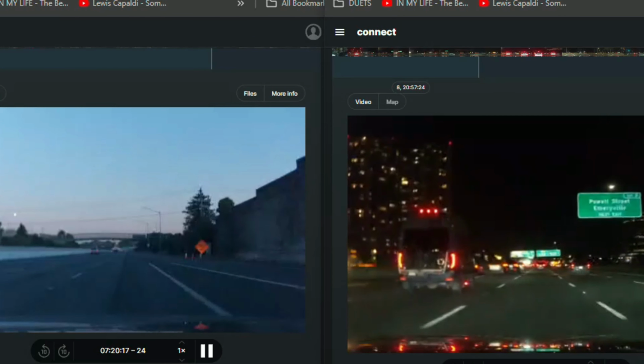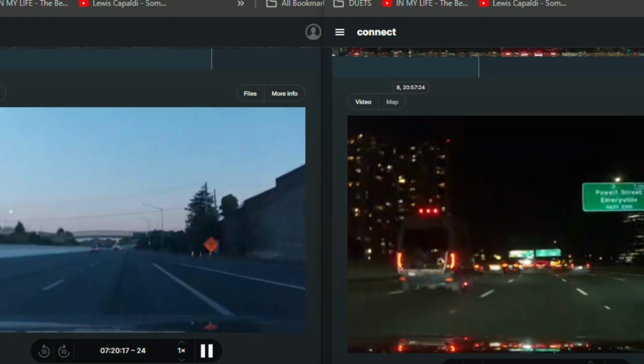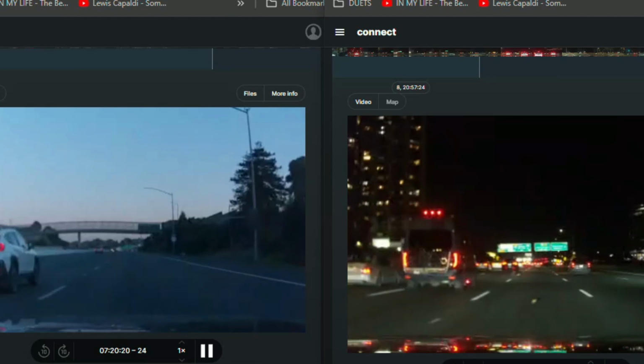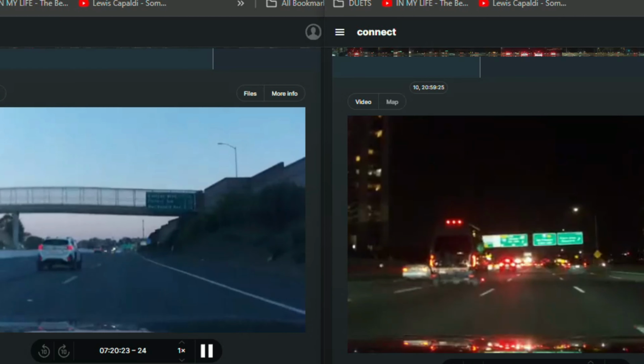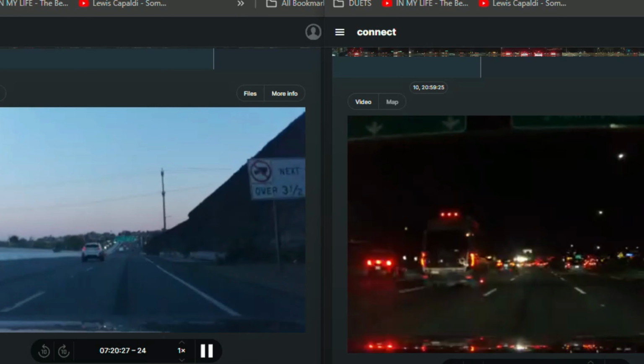So yeah, that's what I noticed. There are two kinds of calibration, affected by the picture, whether it's daylight or nighttime. Two different calibrations.